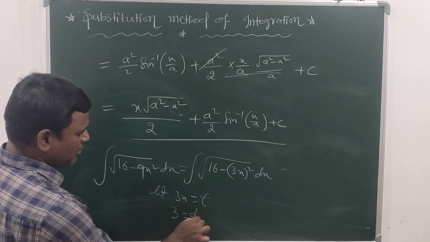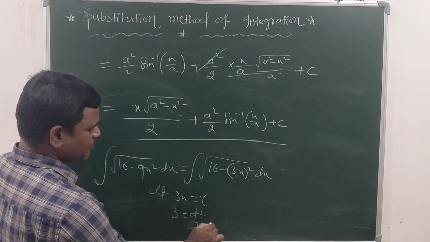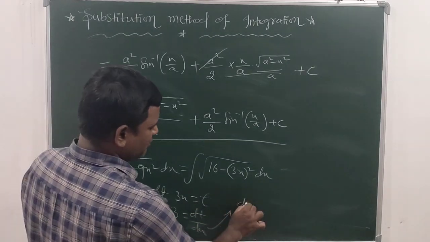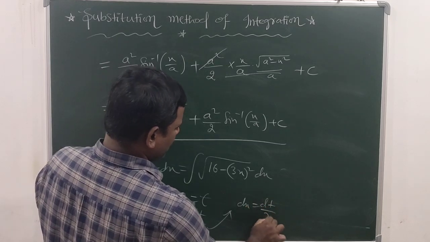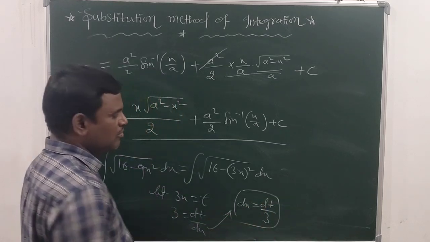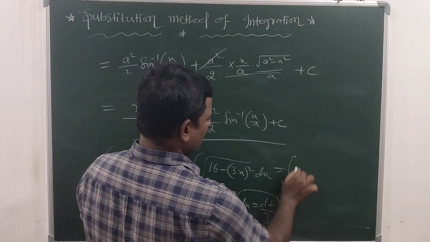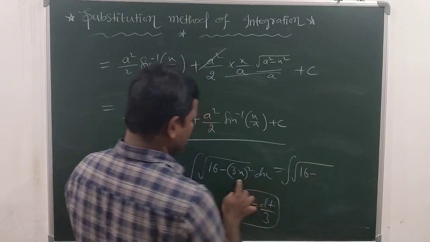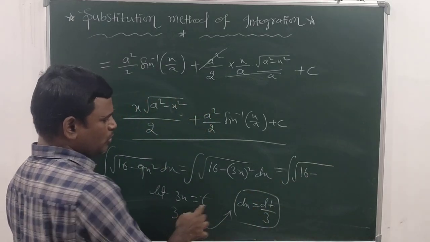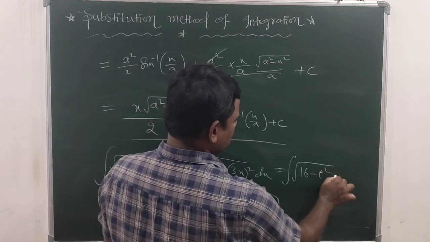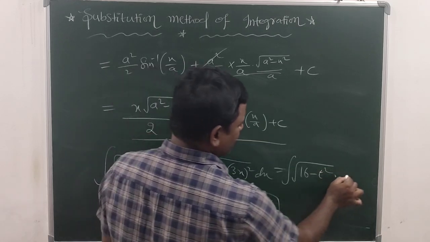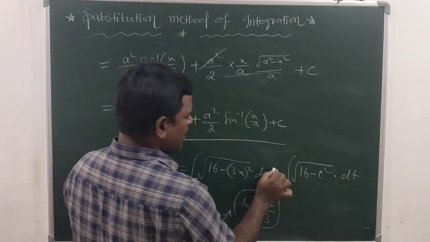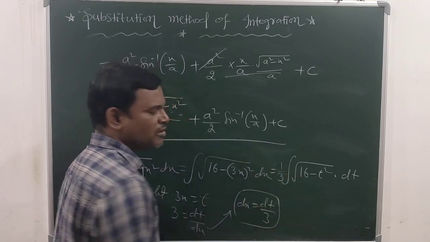Now, 3 equal to dt by dx. Now, your dx will be dt by 3. Now, come here. Integral of square root of 4 square minus t square, with 3x taken as t, and dt by 3. By 3, I am writing in the beginning itself.